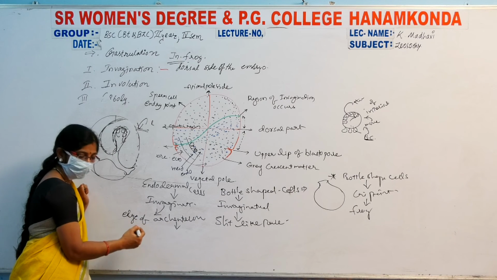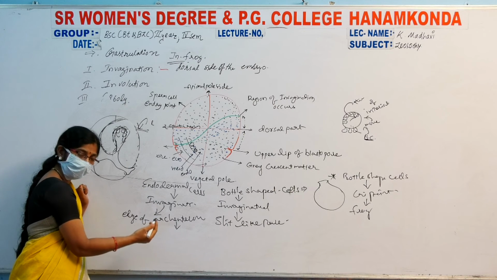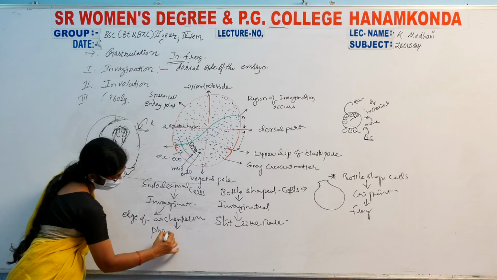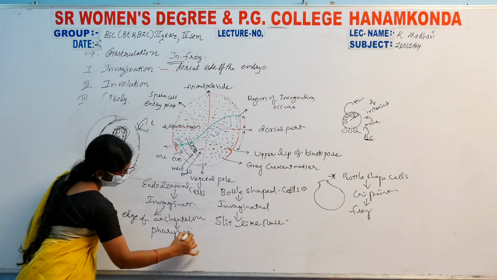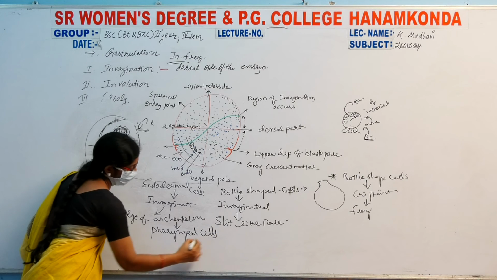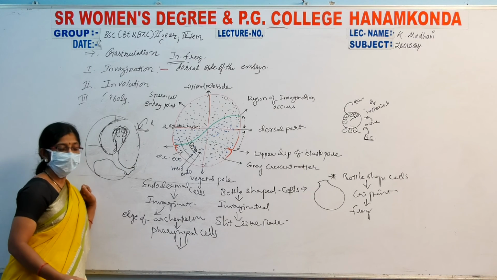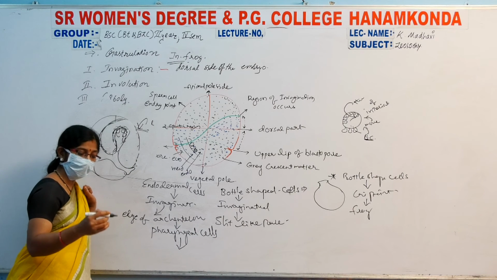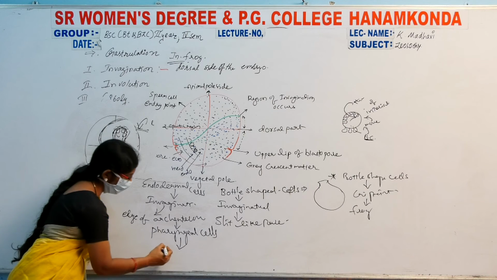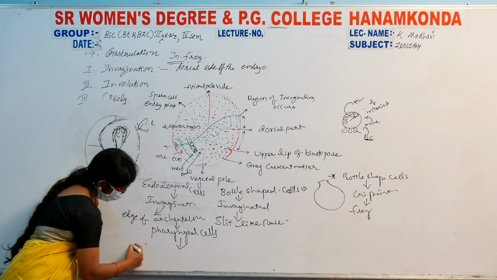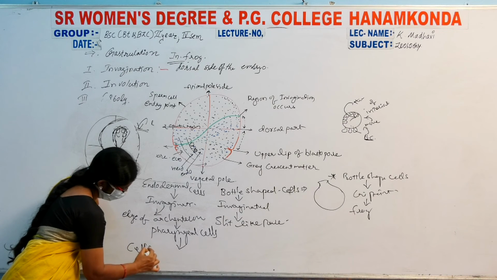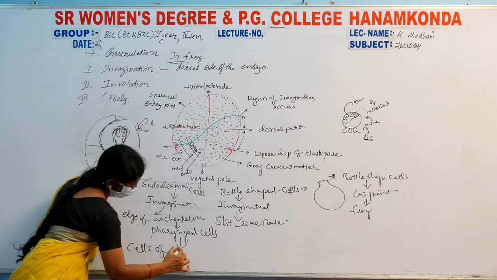These archenteron cells later become the pharyngeal cells. These pharyngeal cells of the foregut can be modified as cells of the foregut.